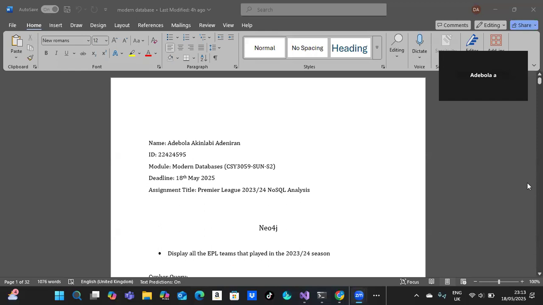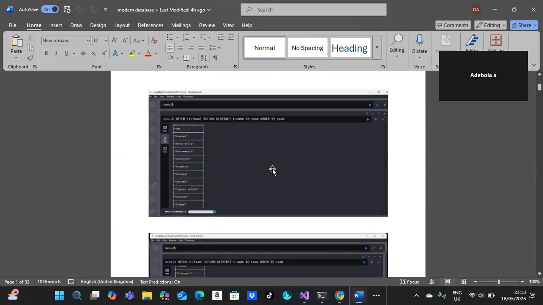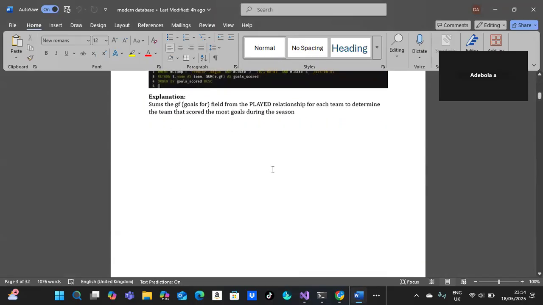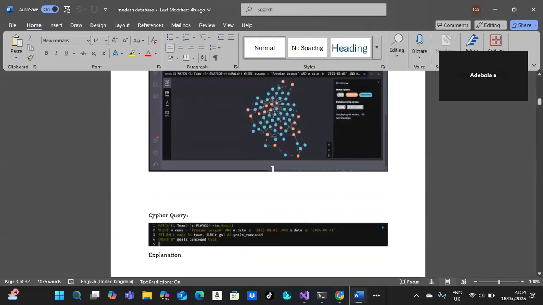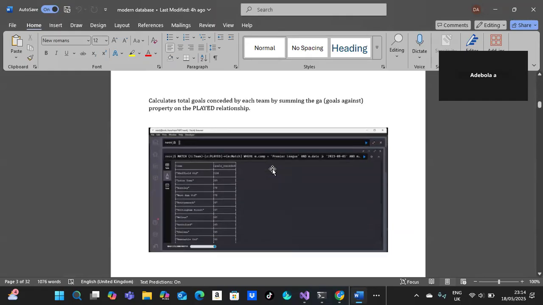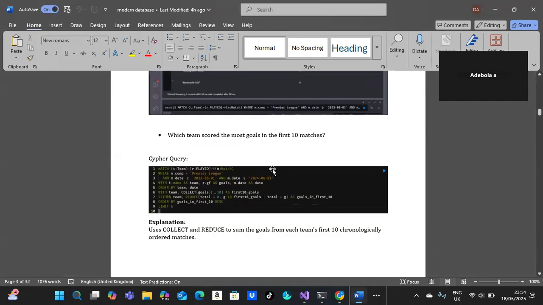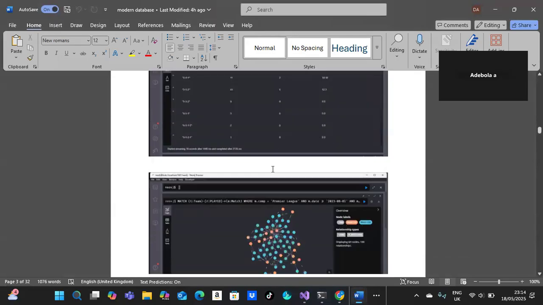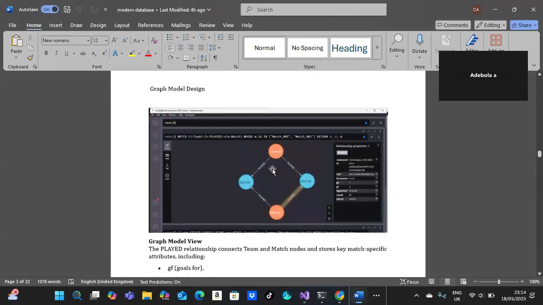So in Neo4j, I created a graph model with teams and matches nodes connected by a played relationship.